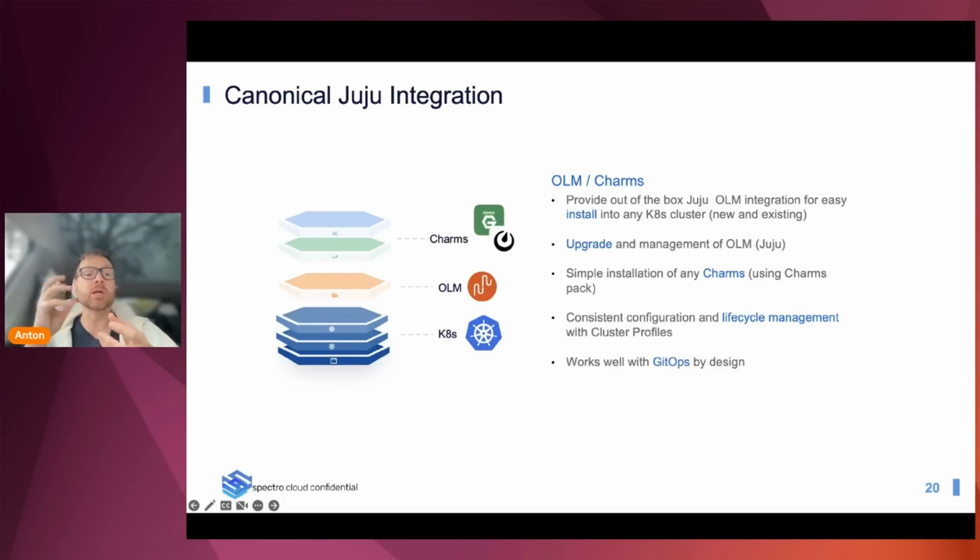So we're enabling a translator in a way between our cluster profile and Juju. And then this will enable you to easily install any charms onto any of the clusters that have that OLM add-on defined. And this brings you consistent configuration and lifecycle management with cluster profiles. And it also works great with GitOps by design. And we're going to show you how.